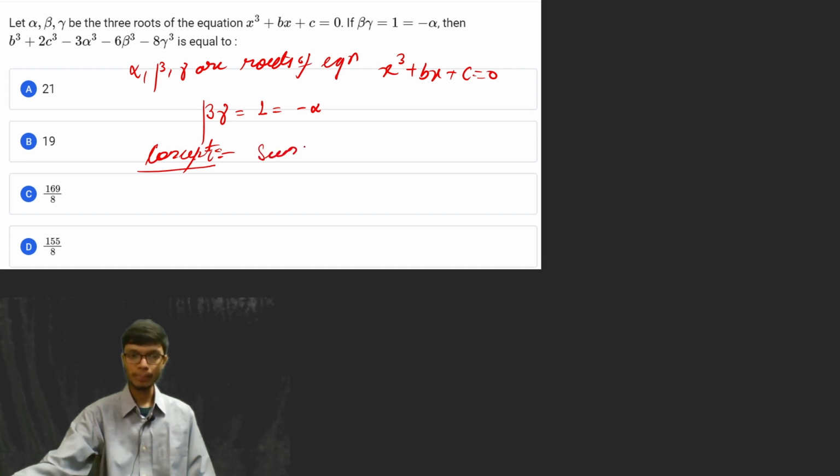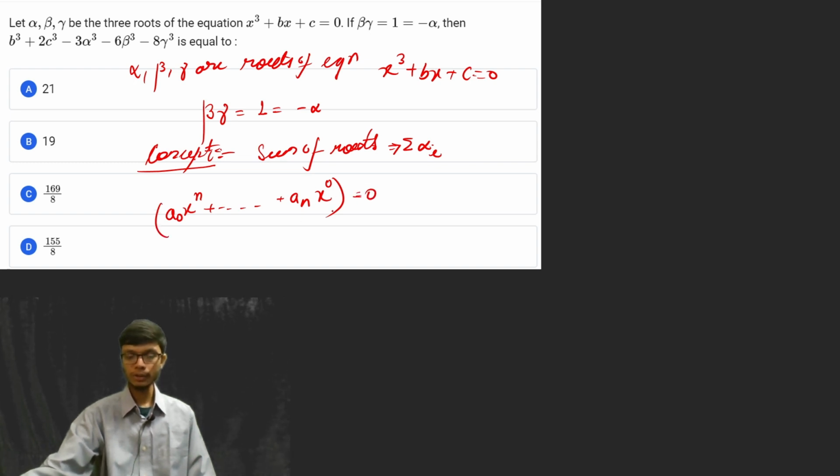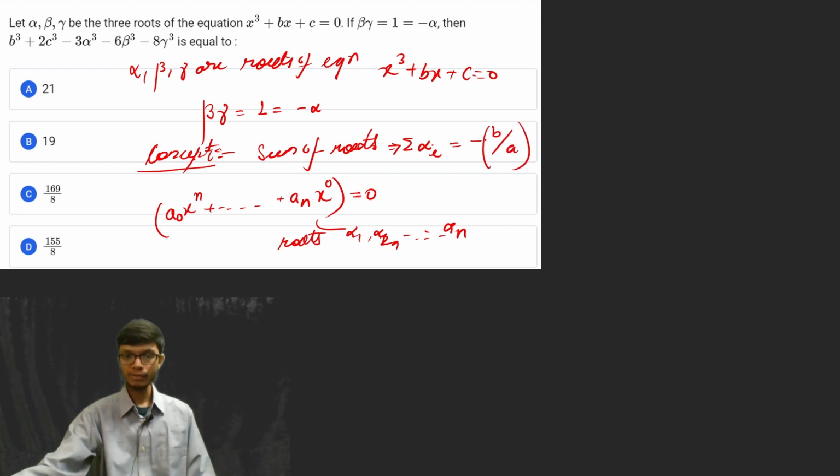If I express the roots as alpha 1, alpha 2, up to alpha n for a polynomial equation of degree n with coefficient a0 not equal to 0, then these are the roots, and the sum of the roots is basically minus b by a.